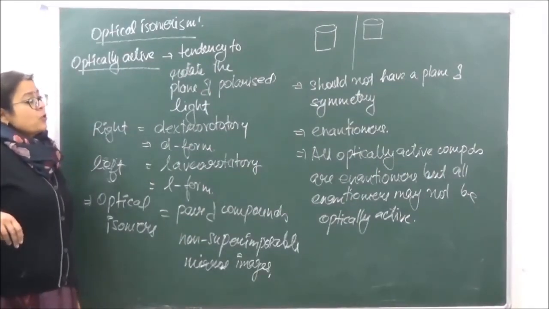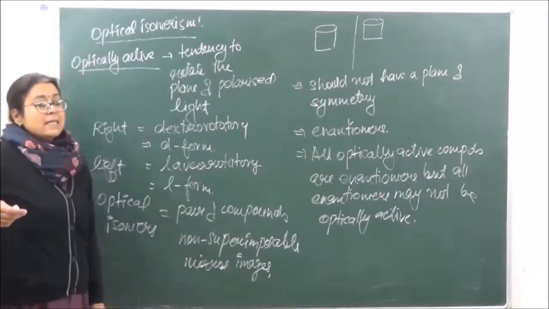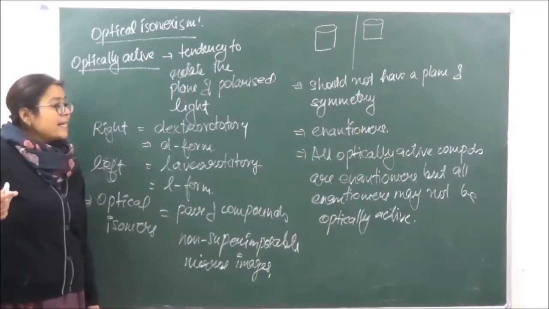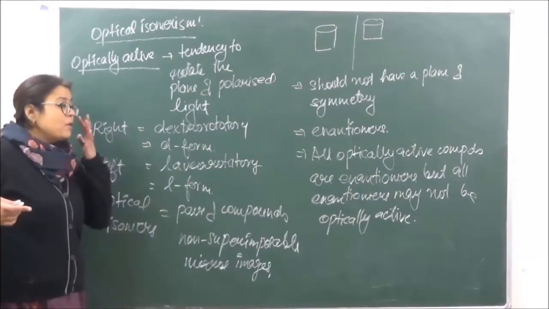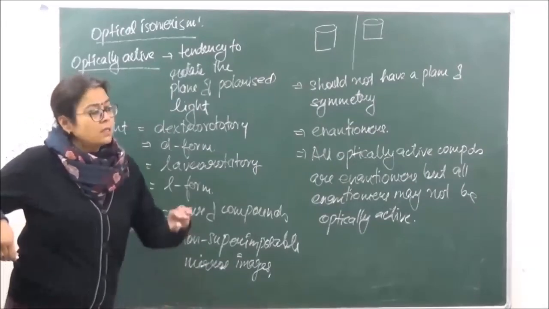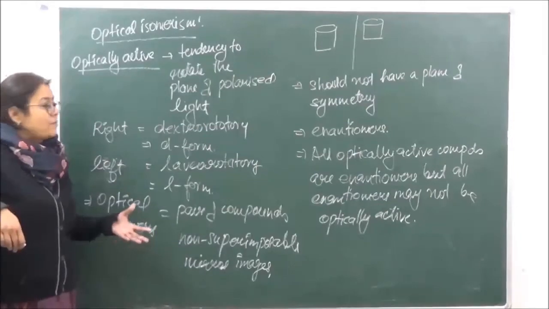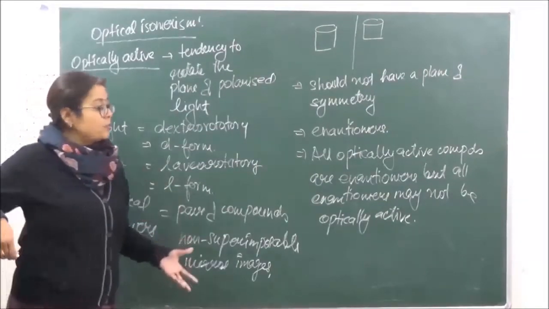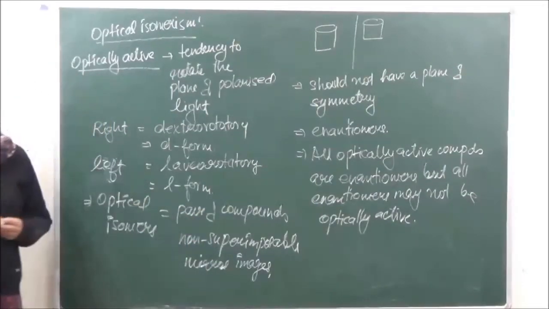Because for enantiomers only one condition needs to be fulfilled: they should be non-superimposable mirror images. But for optical activity, they should rotate the plane of polarized light. So there are certain compounds which may be non-superimposable mirror images of each other but may not rotate the plane of polarized light, hence they are not optically active. So all optically active compounds are essentially enantiomers, but all enantiomers may not be optically active.